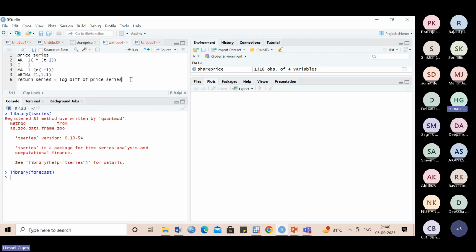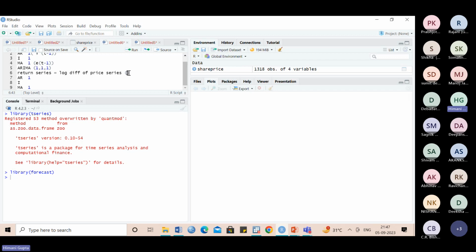Okay, now let's come to the return series. My AR term, my integrated term, and my MA term. Again, over here, I am saying it's AR1 and I am saying it's MA1. Now, in the integrated part, I have to write where this return series is stationary.